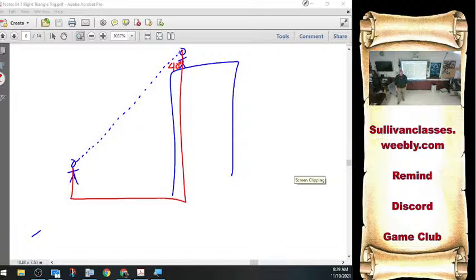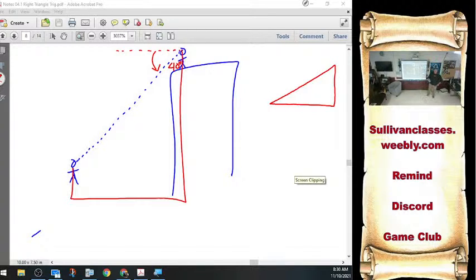Why is that wrong? Angle of depression is how far she looks down. Normally in these diagrams, they draw the triangle this way.